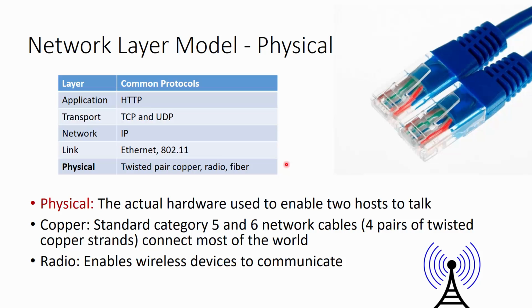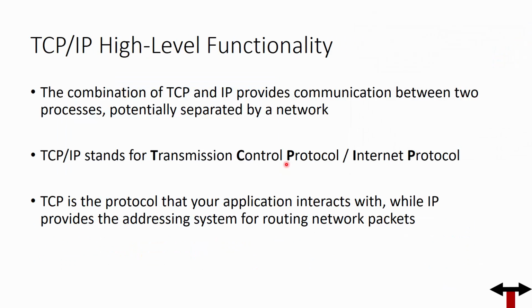So a typical stranded network cable is going to have a maximum transmission distance of 10 meters, while a solid core network cable, so 8 solid copper wires in that thing, can go about 100 meters per the standard. Radio is, of course, how we would enable wireless devices to communicate, but that also occupies the physical layer of our model here.